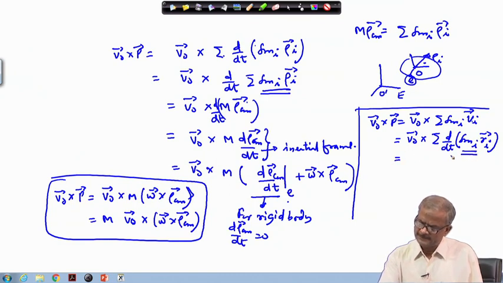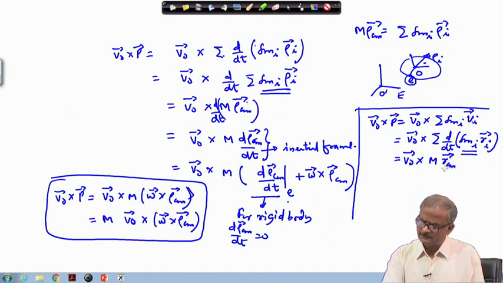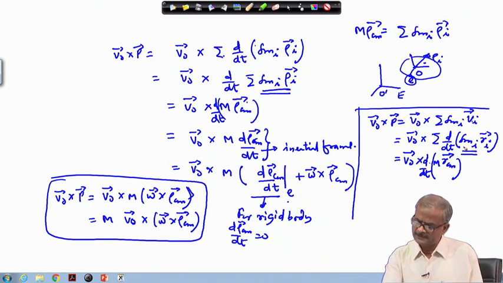So, what is this quantity? V 0 cross this quantity is nothing but m times R C m, d by dt. Okay, this particular quantity, if we take the summation inside and this differential operator outside.